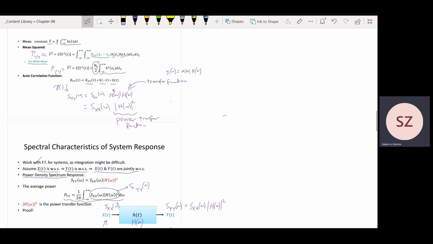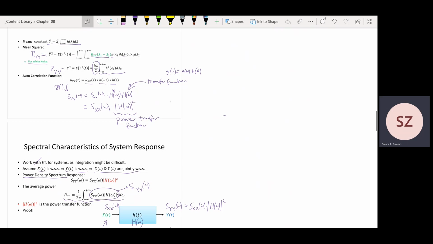An LTI system with an impulse response. The input is random with a certain autocorrelation, certain mean, certain power spectral density. What is the output? The output mean equals the input mean multiplied by the area under the curve of the impulse response. The output power equals this double integral.